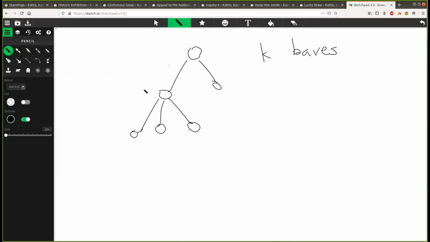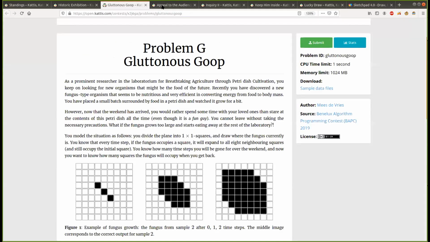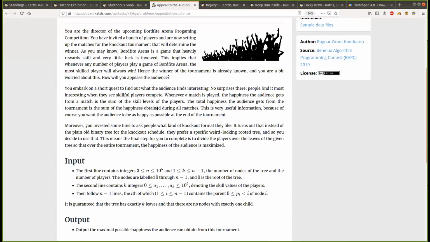But that's essentially the process that happens, and so the question is, based on how the games play out, there's this happiness score, and for each game I believe it's the sum of the skills of the players.